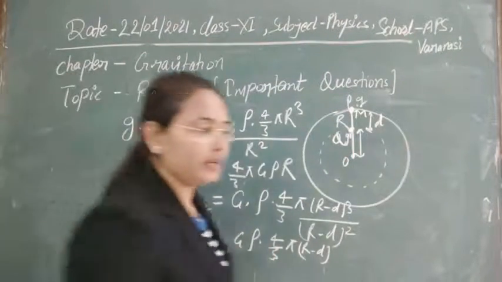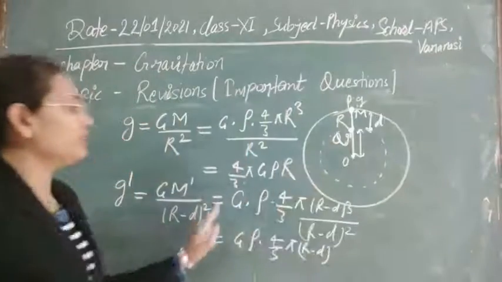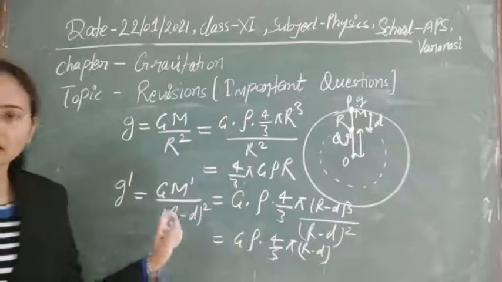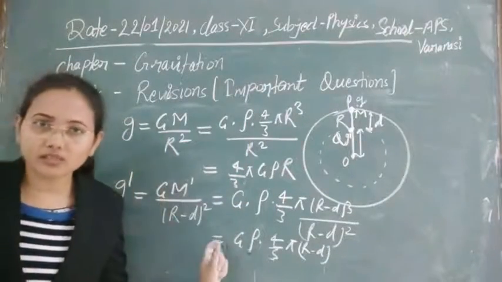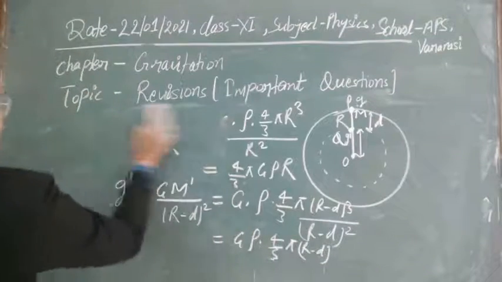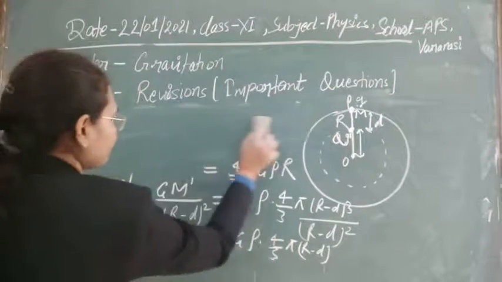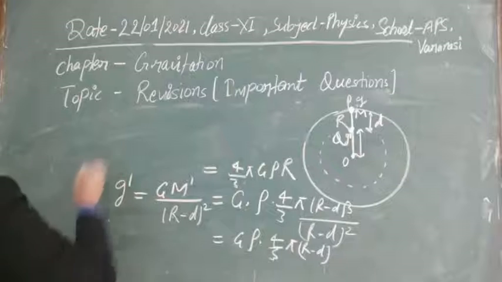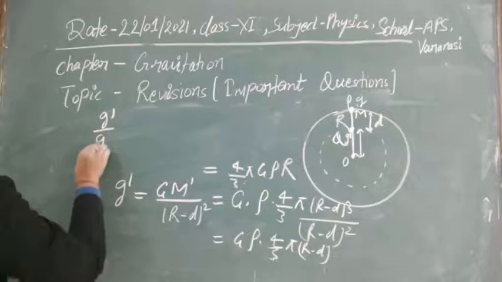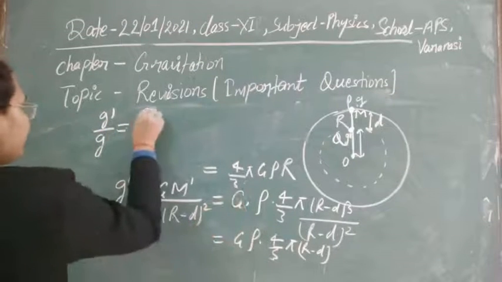Now just compare only these two values. This was the important factor in the case of depth. The density will be constant, mass will change here. So if we write what is g dash upon g here, write down the value of g.